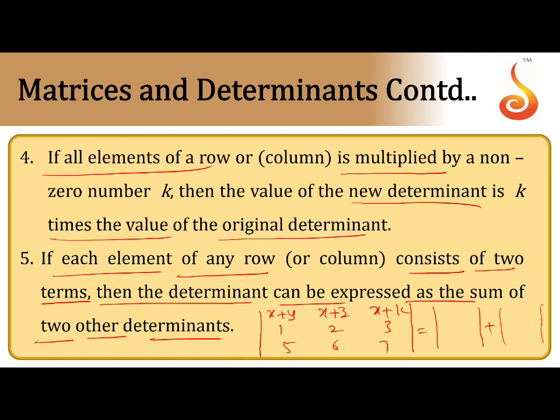In both determinants the second row and third row remain the same. Only the first row we split: the first terms form the first row of the first determinant, and the second terms form the first row of the second determinant. That's the way to split it. Sometimes when solving problems this is required, so there you can apply these properties. So, clear that one? Next.